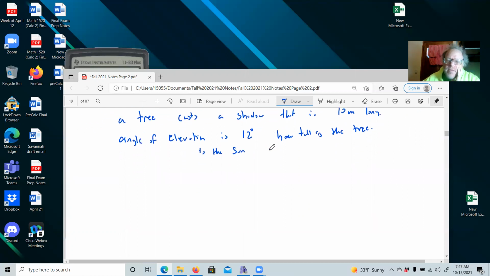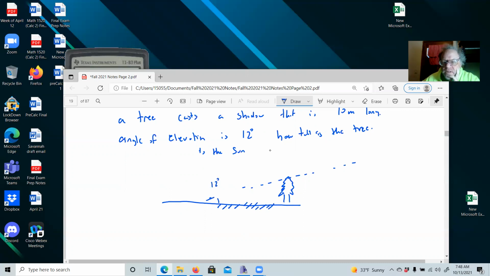So first thing, you've got to draw the picture. The instructions for yours don't actually say draw the picture, but we'll make it one of those trees. We have the angle of elevation, and then here's the shadow. Angle of elevation is 12 degrees. This is 10 meters.